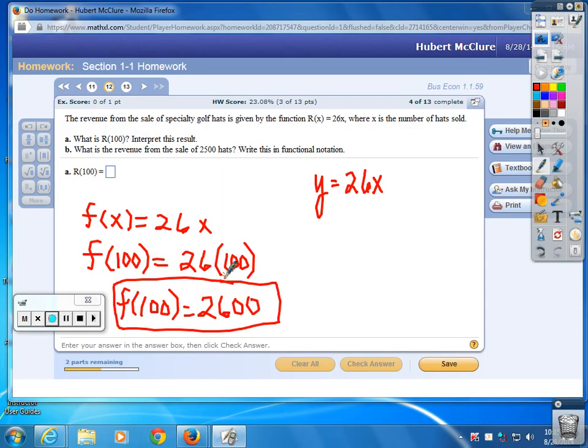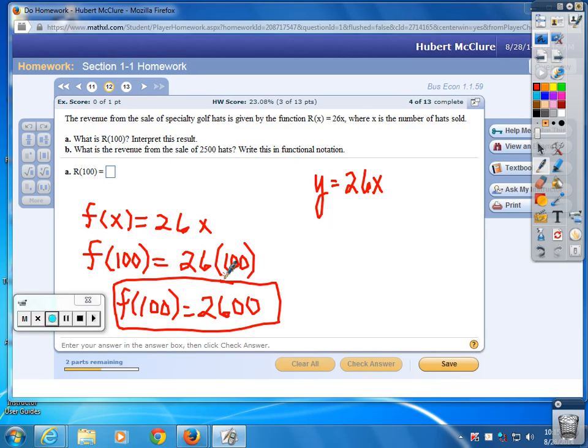In a sentence. If you sell 100 hats, you get $2,600 in what? Revenue. That's what it says. Write that down, because that's what that says.